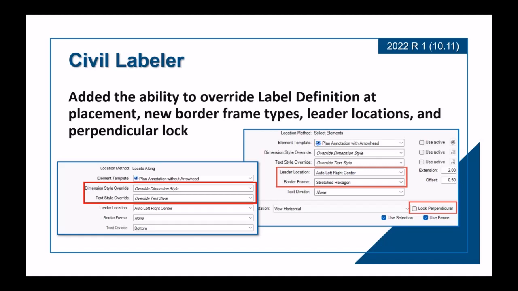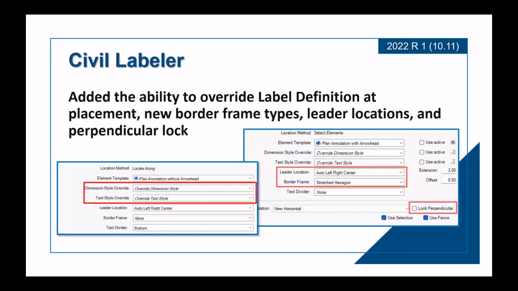Once we put it out there, we got feedback that said, standards are great, but sometimes we want to override our own standards. We don't want to have to go create a new label. So the first thing we've done is we've given you that ability. You now have some dimension style overrides and text style overrides that you can put in here to temporarily, just for placing one or two dimensions, override what's used there and make them look different.